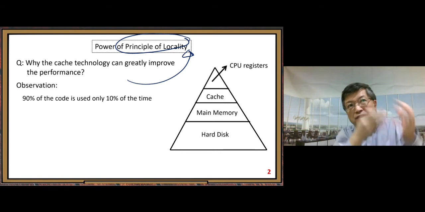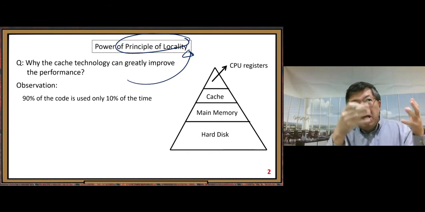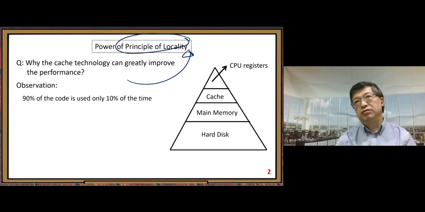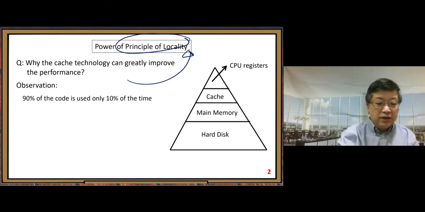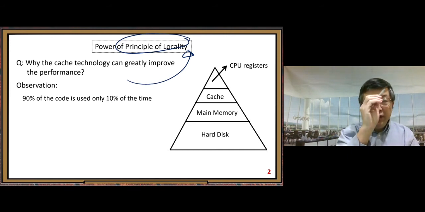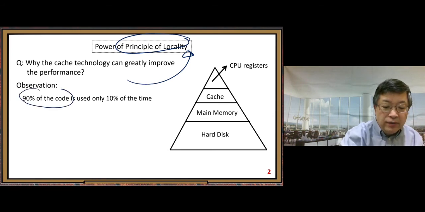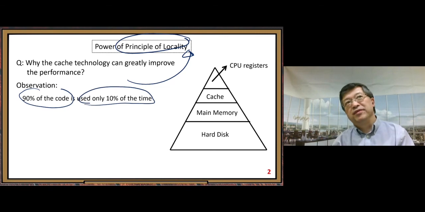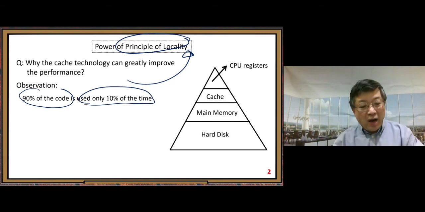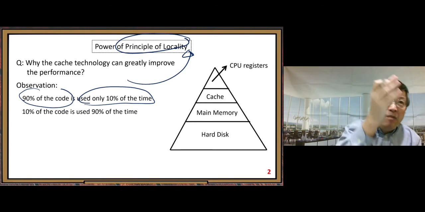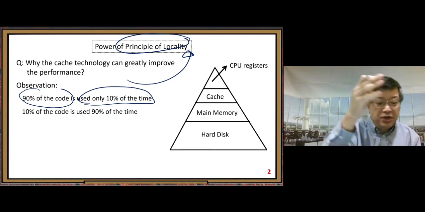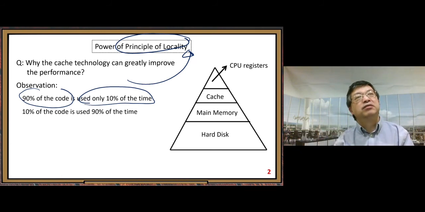Some instructions are used frequently, but some are not. So we notice this phenomenon. 90% of the code is only used 10% of the time. On the opposite side, 10% of the code is frequently used, and that part is used 90% of the time.